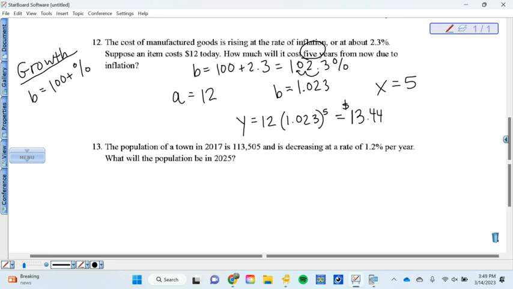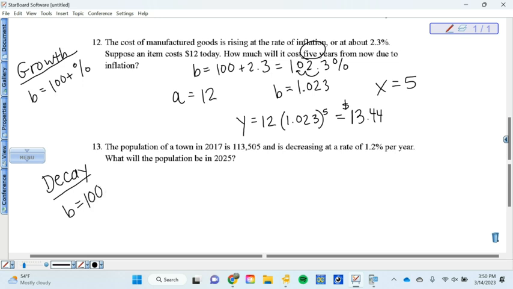All right. And then 13, the population of a town in 2017 is 113,505, and it's decreasing at a rate of 1.2%. What's the population going to be in 2025? Growth or decay? Decay. How do I find my decay factor? What's the difference between my growth factor and my decay factor?